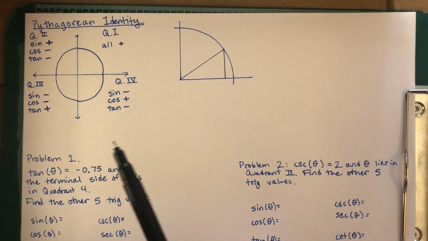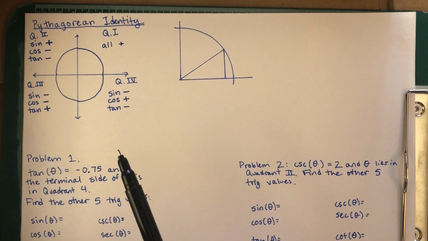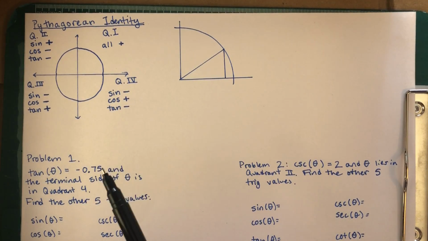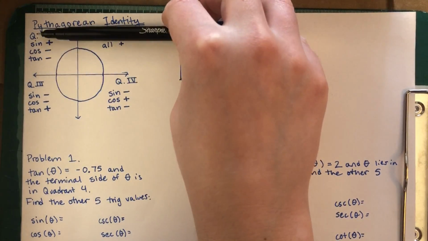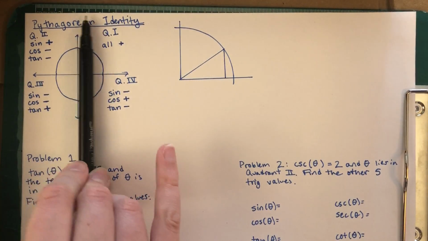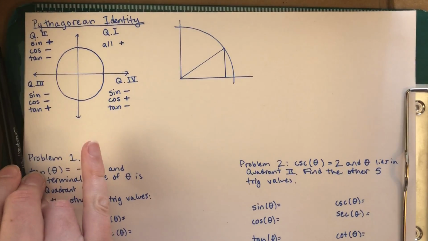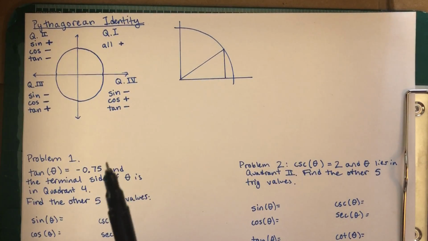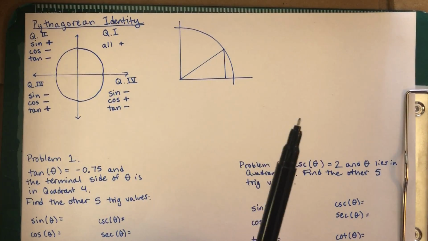And you could memorize these if you like memorizing a list, but if you remember that the sine is the y coordinate and the cosine is the x coordinate, that makes it pretty easy to figure out that the top half sine has to be positive, the bottom half sine will be negative, on the right half cosine will be positive, on the left half cosine will be negative, and then tangent is sine over cosine.